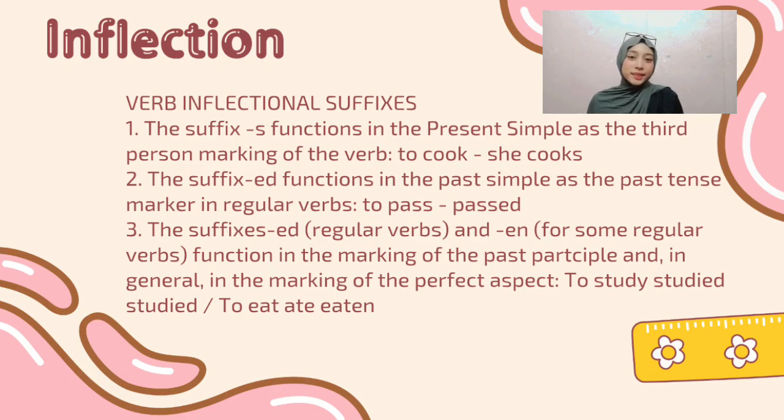The suffix ed for regular verbs and en for some irregular verbs functions in the marking of the past participle and, in general, in the marking of the perfect aspect. For example, study, studied, studied, or eat, ate, eaten.